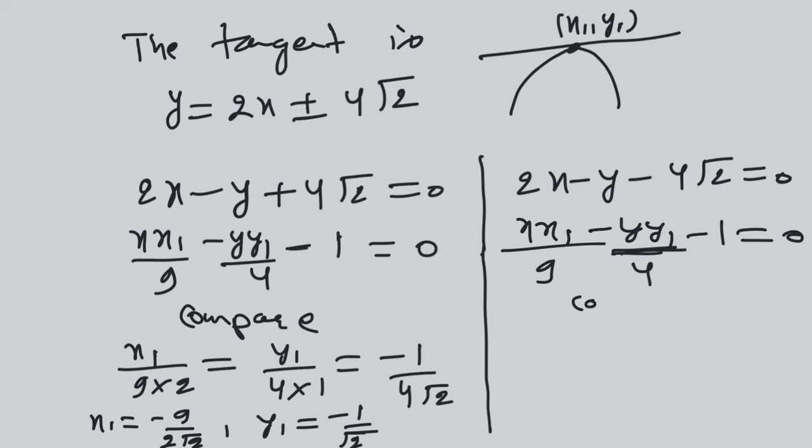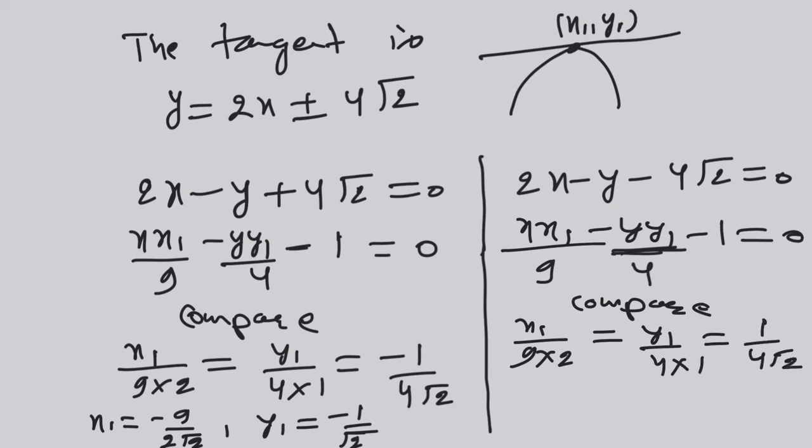Similarly, when we compare the other tangent, we get x1 by 9 into 2 equals y1 upon 4 into 1 equals 1 upon 4 root 2. Here we get both coordinates positive, that is, x1 equals 9 by 2 root 2 and y1 equals 1 by root 2.